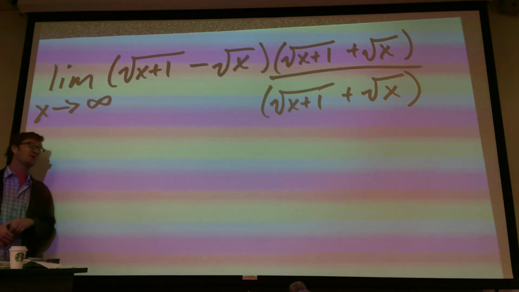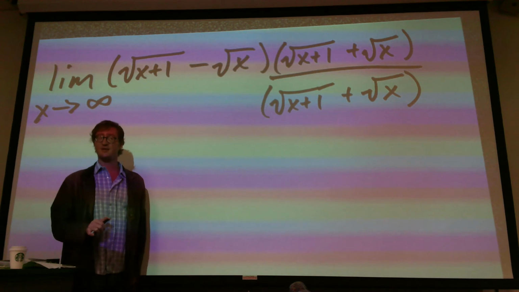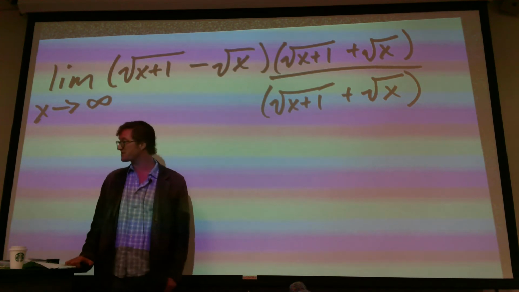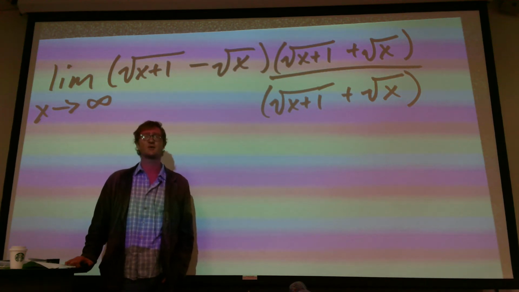Okay, so remember, the top of this problem is a minus b times a plus b, which ends up becoming a squared minus b squared. When we get a squared minus b squared, that's going to get rid of the square roots.